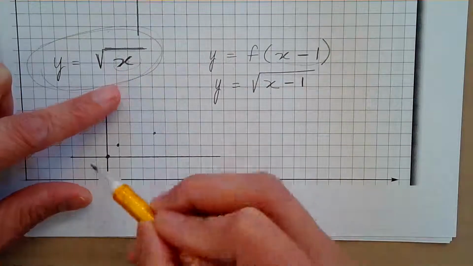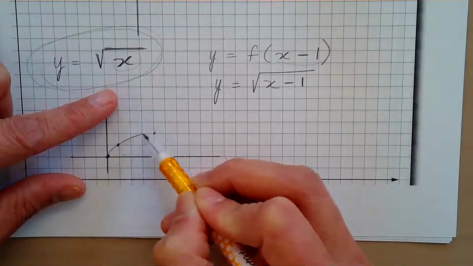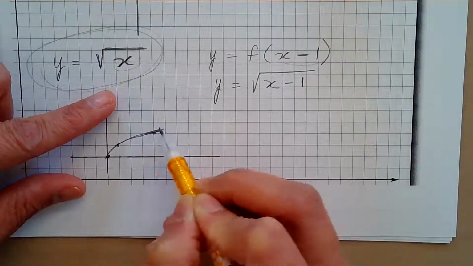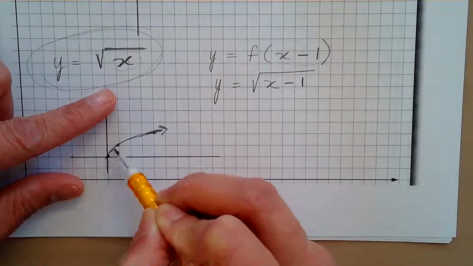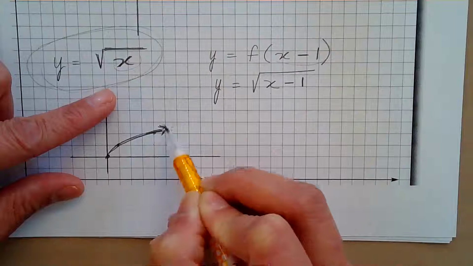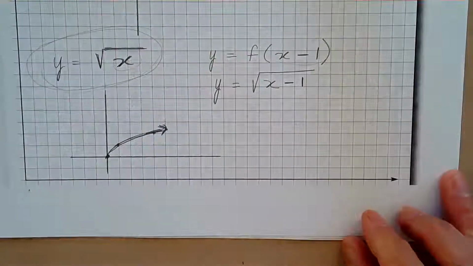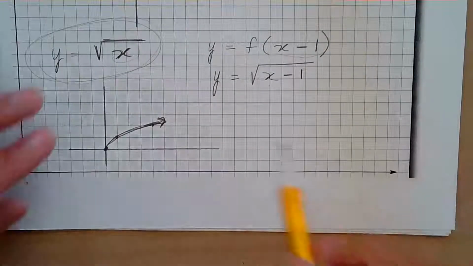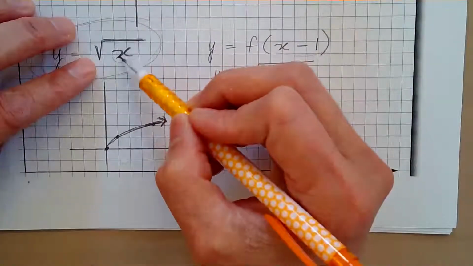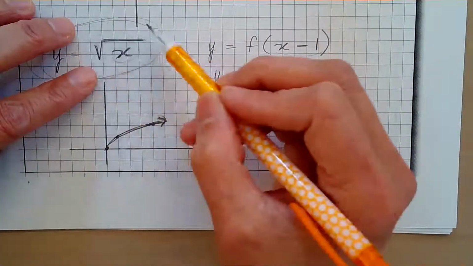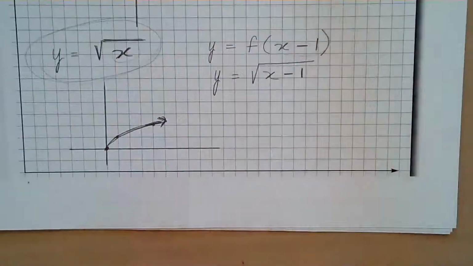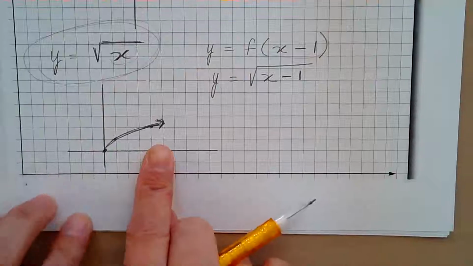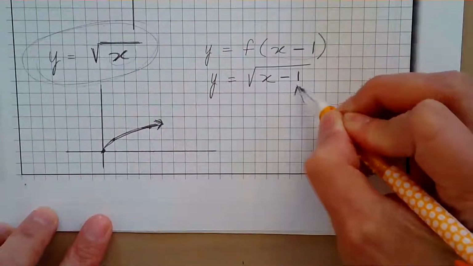Okay, what does that graph look like? Do you remember graphing this in a different way last time? You just graphed the linear function and then took the square root. That's what you did before, right? So this is what the parent graph looks like. And this one here, what's happening?